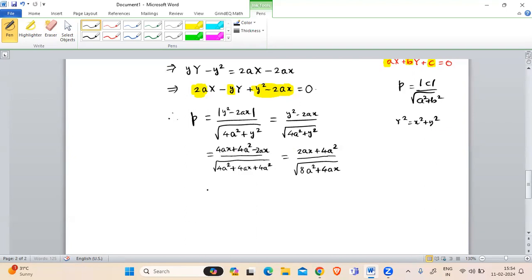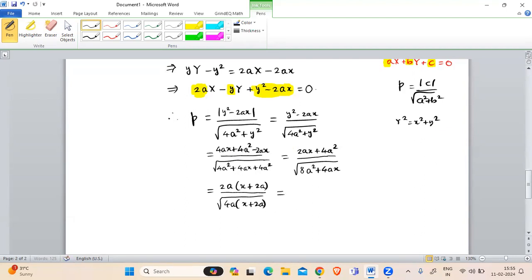Now, upon simplification, in the numerator I have 2a common, leaving x plus 2a. And likewise, in the denominator, I have root of 4a common, which again gives me x plus 2a. Correct?